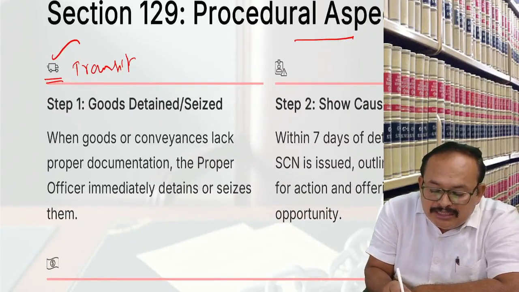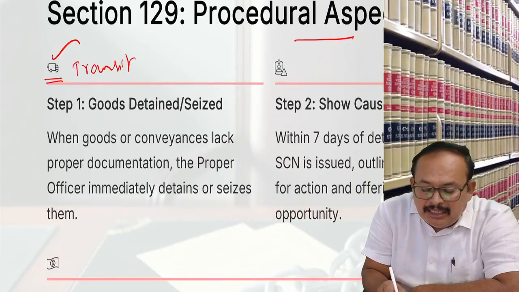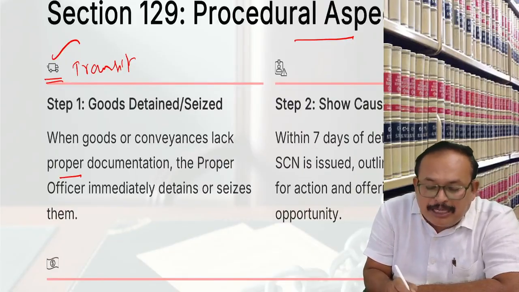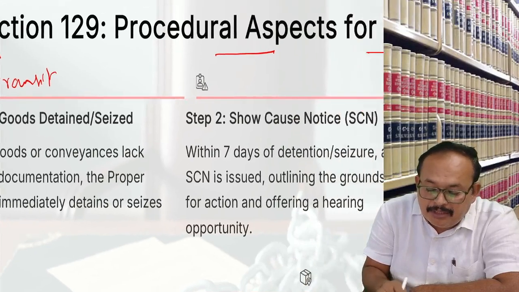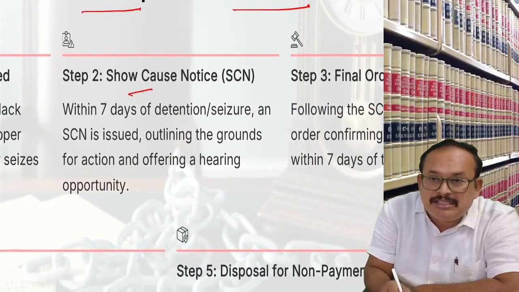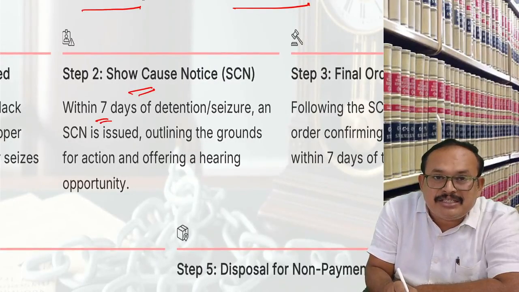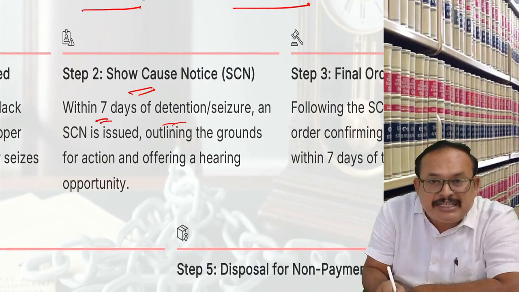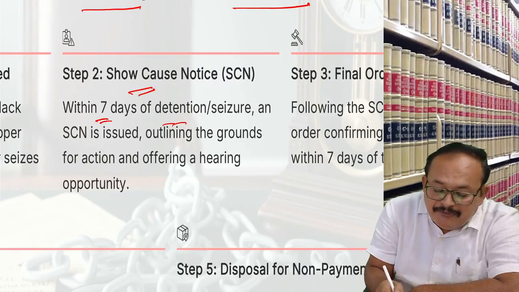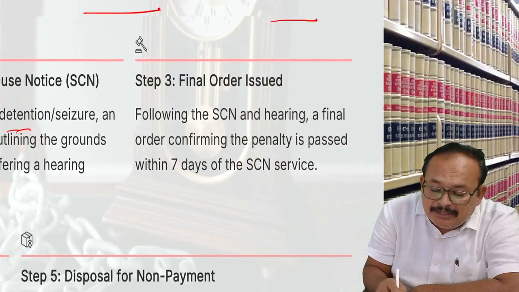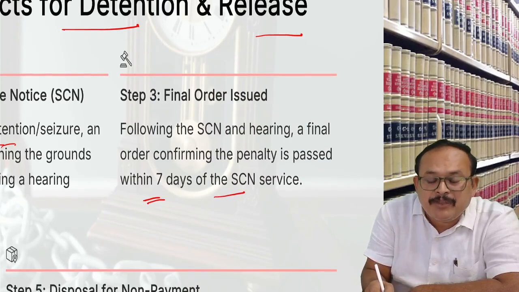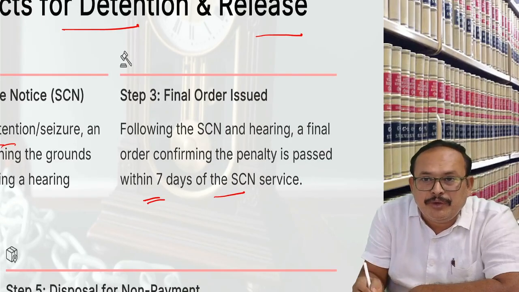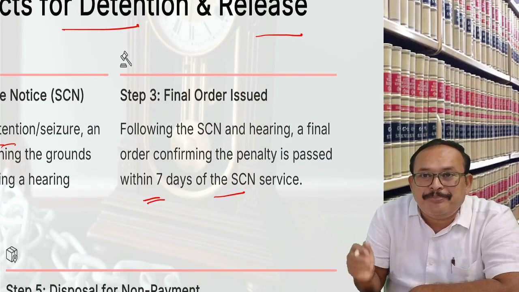Here, goods detained and seized: when the goods or conveyance lack proper documentation, the officer can detain and seize them. Step 2, issue the notice within 7 days from date of detention or seizure. Thereafter, pass the order within 7 days from date of notice. 7 plus 7 is 14. By 15 days you have to pay.